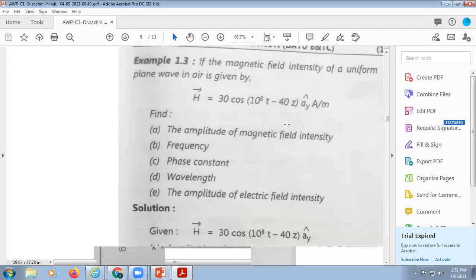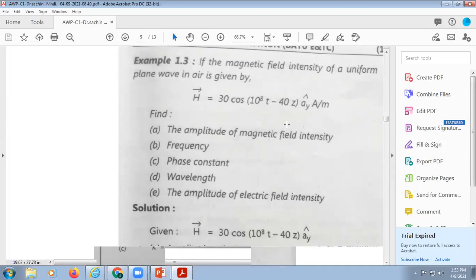If the magnetic field intensity of a uniform plane wave in air is given by H is equal to 30 cos of (10 raised to the power 8 t minus 40 z) ay ampere per meter. This is the equation.